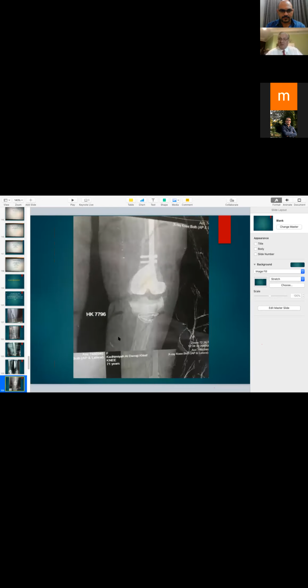Infection continued. What they did for her: they removed the implant and put a mobile spacer. The fracture was still not healed and the intramedullary nail was left inside. So their philosophy was to keep the fracture to heal and change just the mobile spacer. The infection still continued, not healed.